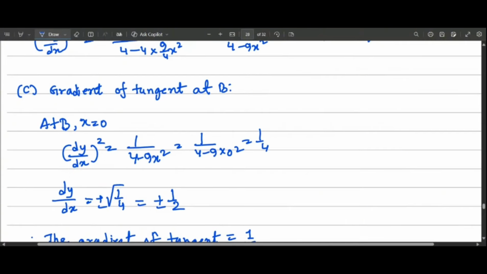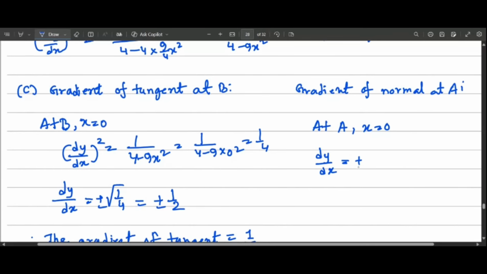Now if we want to find the gradient of the normal at A, we first have to find the gradient of the curve at point A. Again, at point A, x equals 0. We already saw from our previous calculation that dy by dx at x equals 0 is plus minus half.